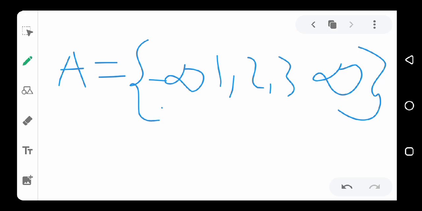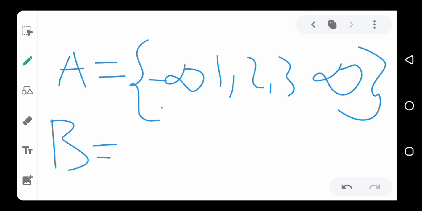Now, assuming that our B is a set of even numbers. An even number can be positive or negative.